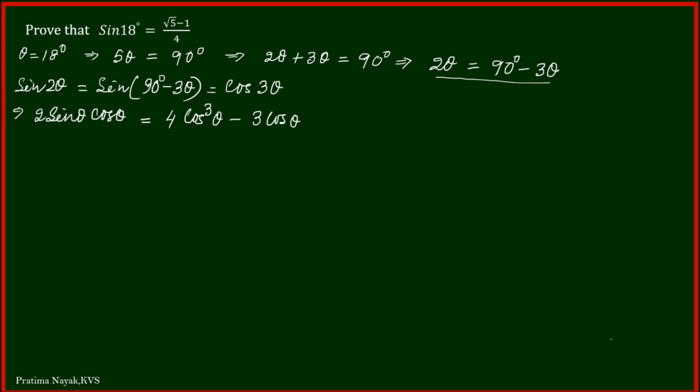Since cos 18 is not equal to 0, I can cancel cos theta from both sides, so I get a new equation: twice sine theta equals 4 cos square theta minus 3.